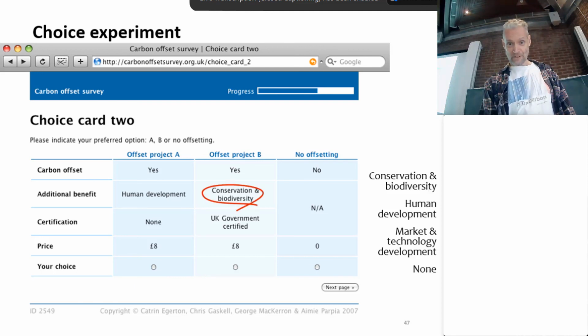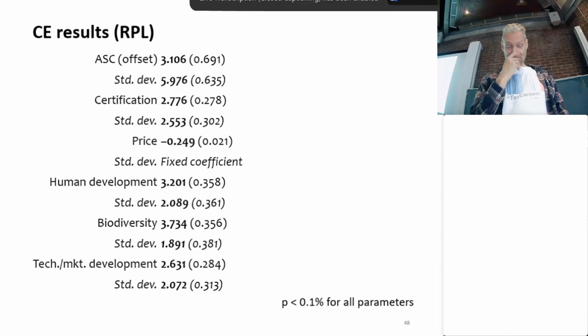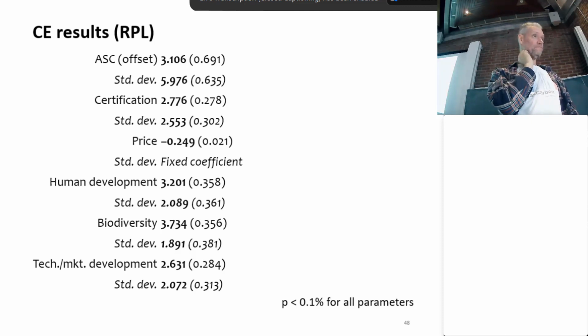And just a range of these questions, right? That tells you something about that. And then you can just stick it in a regression and find all sorts of things. Yes, people are prepared to pay for this.